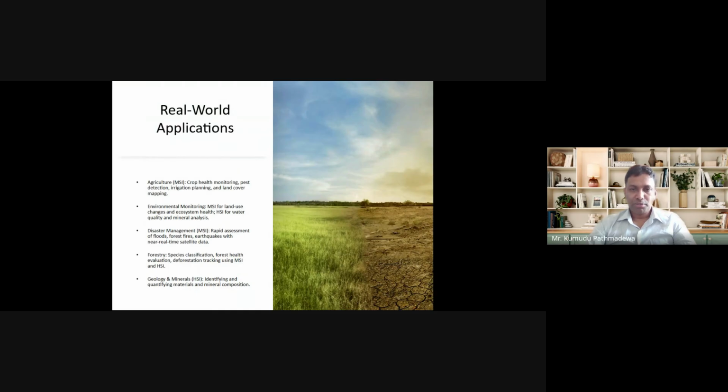In geology, hyperspectral sensors are ideal for detecting minerals and rock composition. So in geology and some agriculture applications, we can use hyperspectral images. In agriculture, environment, and disaster management, it is more suitable to use multispectral images.